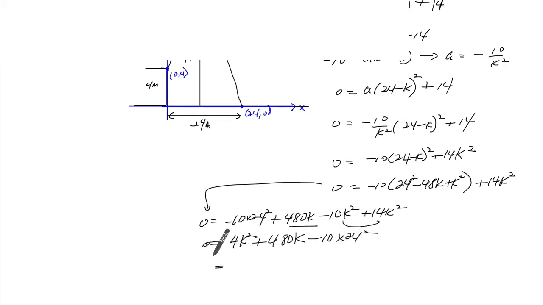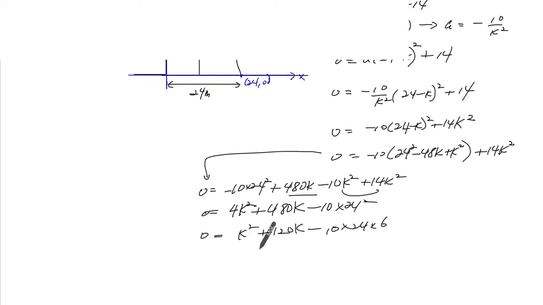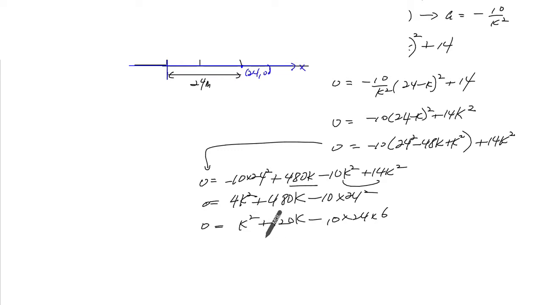We can divide through by 4. This is 10 times 24 times 24, so if you divide this by 4, you get 1440. All right, is this factorable? The factors are k and k here.